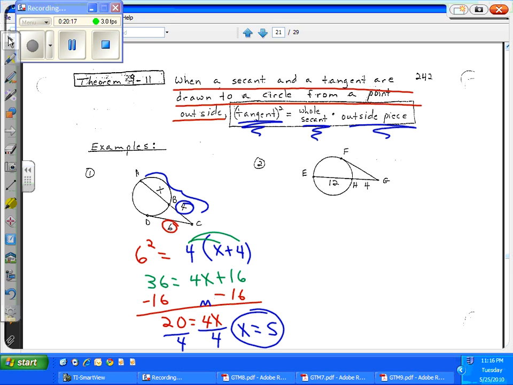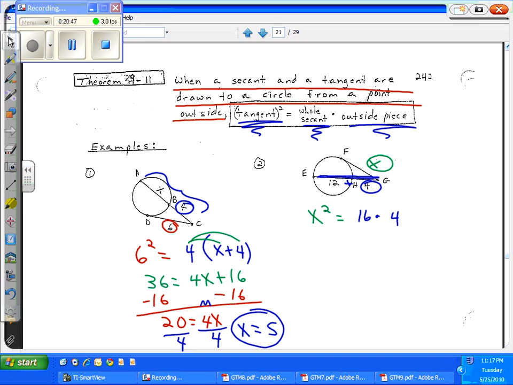Number 2, I'm just going to call the tangent x. If a secant and a tangent are drawn to a circle from a point outside a circle, then the square of the tangent is equal to the whole secant, 12 plus 4 is 16, times its outside piece 4.